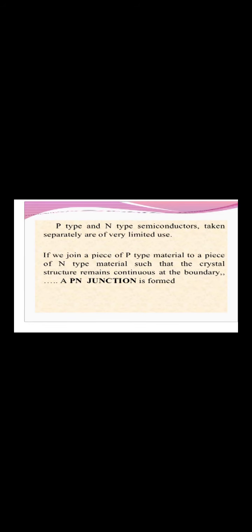If we join two pieces of p-type and n-type semiconductor material such that the crystal structure remains continuous, the boundary of the p-n junction is formed. Then it can function as a rectifier, amplifier, switch, and in other applications of electronic device operation.